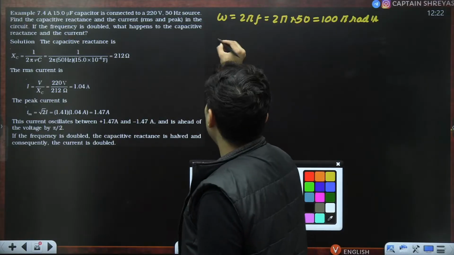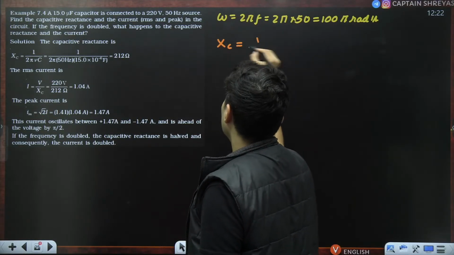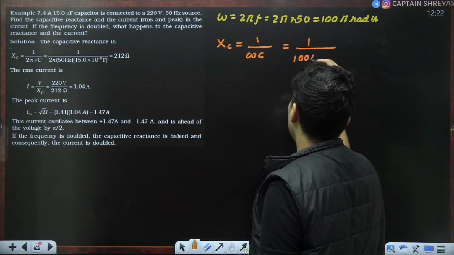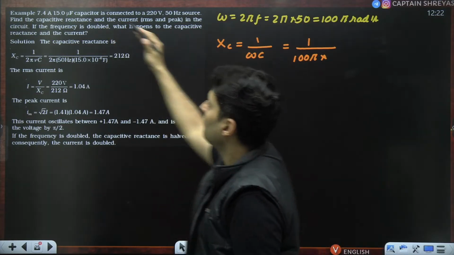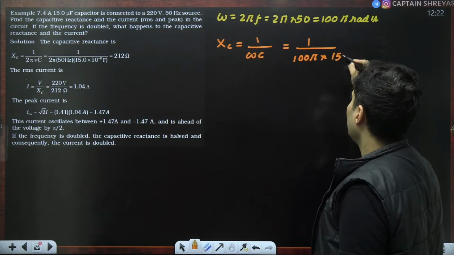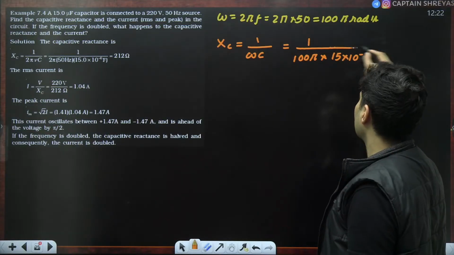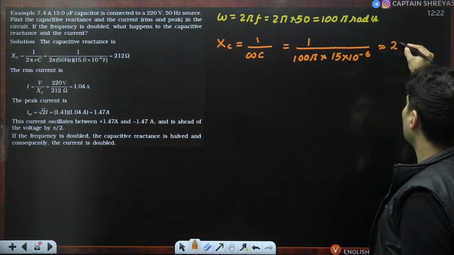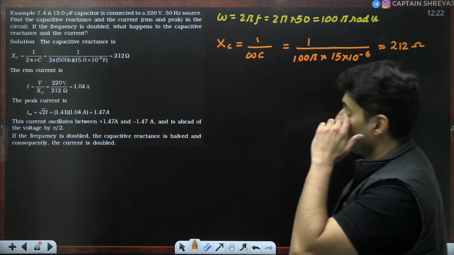Capacitive reactance is 1 by omega C. So 1 by 100 pi times the capacitance 15 micro, 15 times 10 to the power minus 6. When you do the math, it comes out as 212, but this is in ohms.